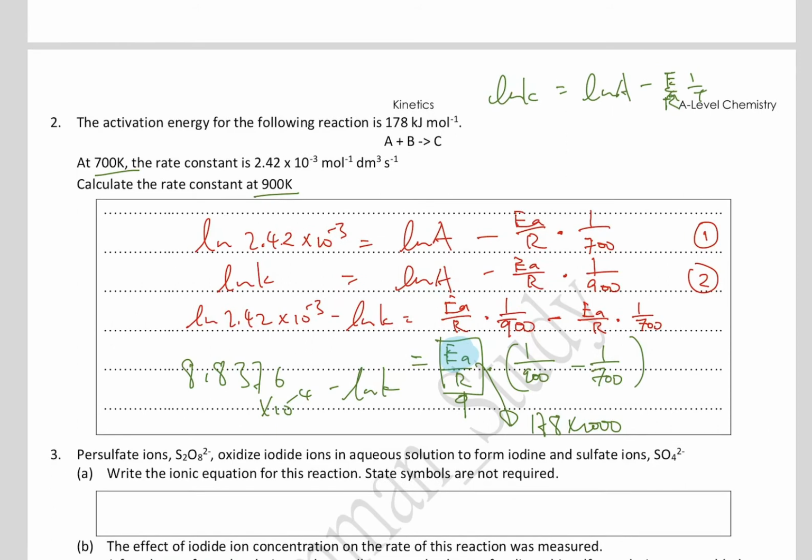That's why you will have a much larger value of k, which is 800 something. Yeah. So here is how you can calculate the rate constant, or even use this idea to solve for the activation energy, based on having two different equations, and then you can just do a simultaneous equation solving.